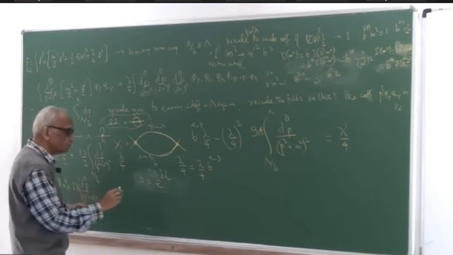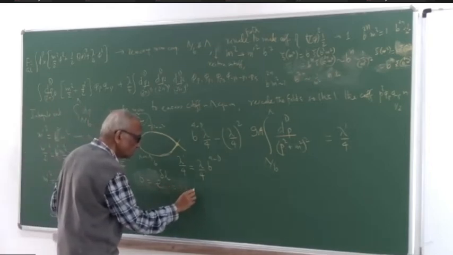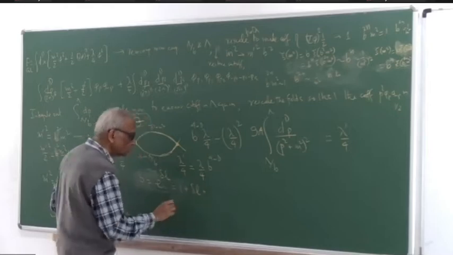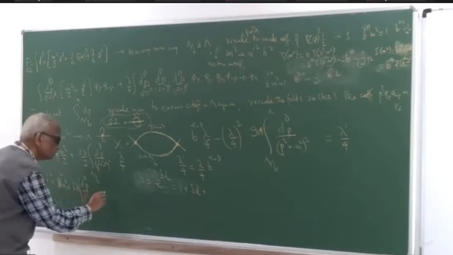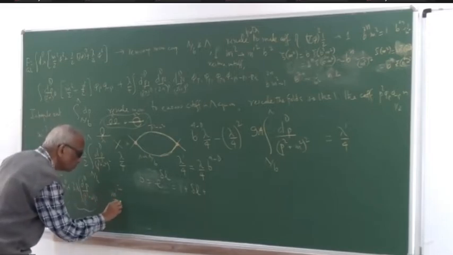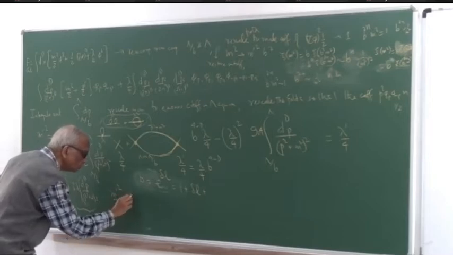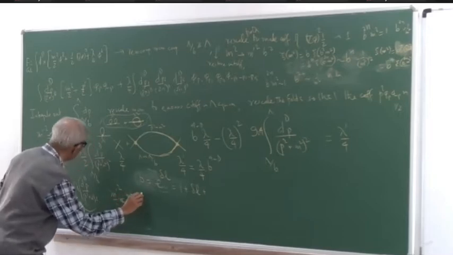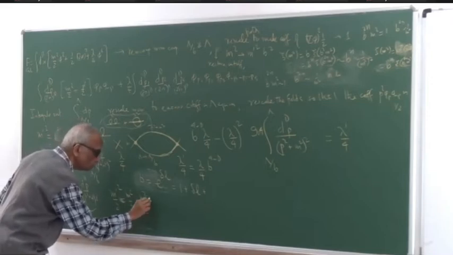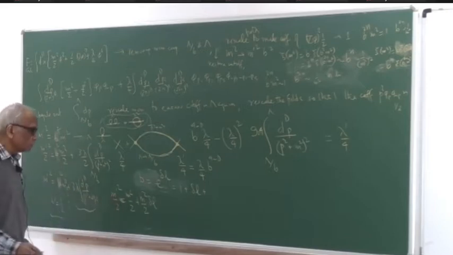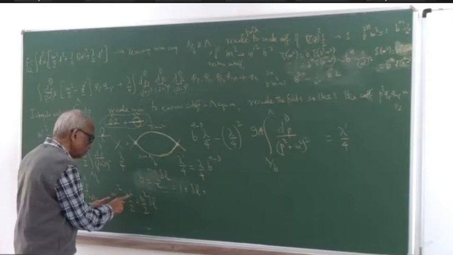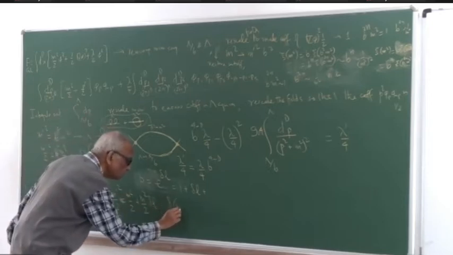So if I write this as this, then B is 1 plus delta L. If I look at this first part of the equation, this tells me that M prime square over 2 is equal to M square over 2 plus M square over 2 into delta L. Cancel the 2's: M prime square minus M square is delta of M square.